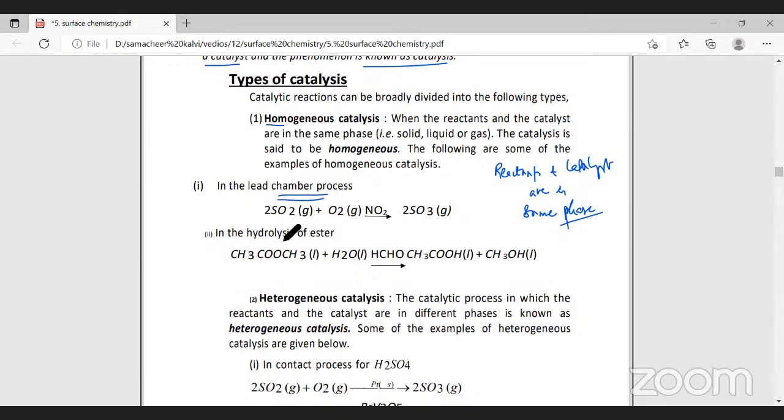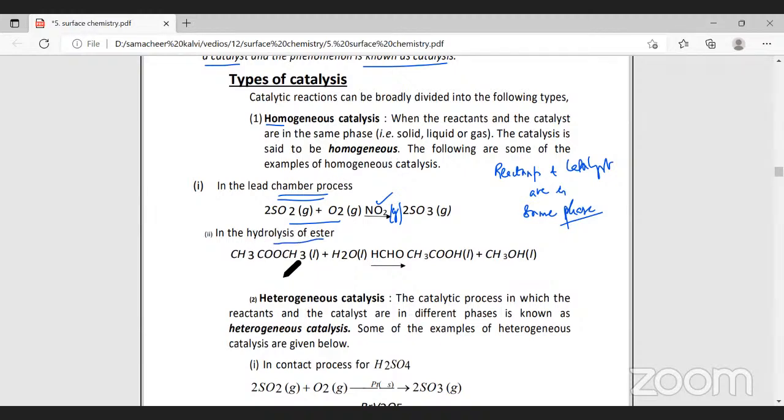In the lead chamber process, sulfur dioxide is a gas, oxygen is a gas, and nitrogen dioxide is also a gas. Nitrogen dioxide is the catalyst. So the reactants and the catalyst are both in the gaseous state, so it is an example of homogeneous catalysis.